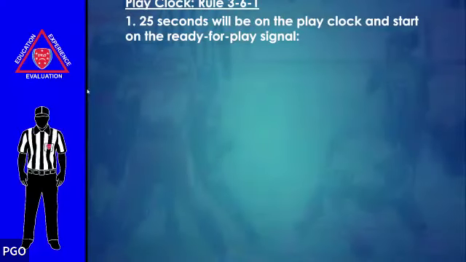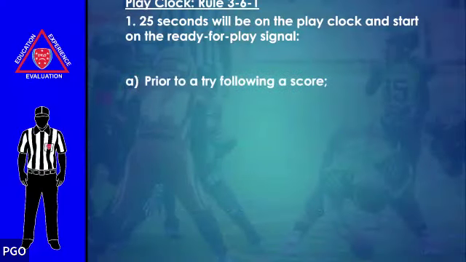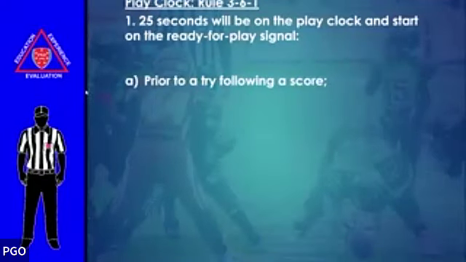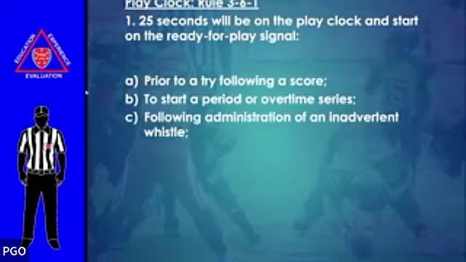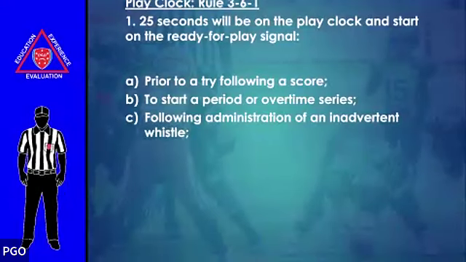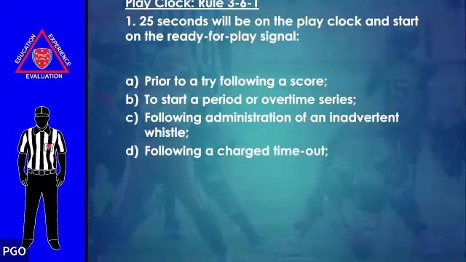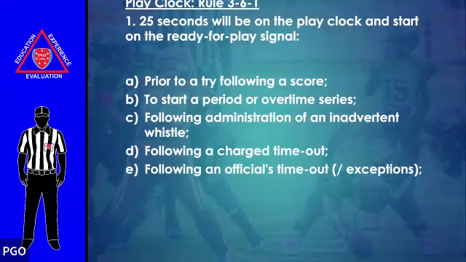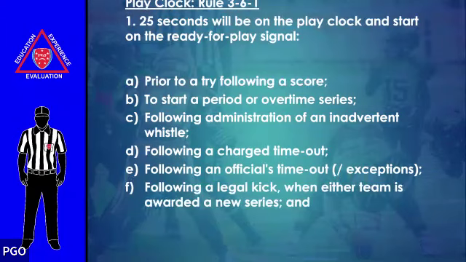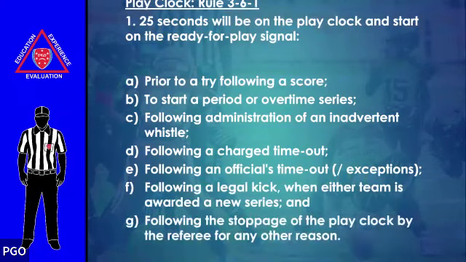So here are a couple of reasons why we have a 25-second play clock: prior to a try following a score, to start a period or overtime series, following administration of an inverted whistle, following a charged timeout, following an official timeout with some exceptions, which we'll cover in a minute, following a legal kick, when either team is awarded a new series, and following a stoppage of the play clock by the referee for any other reason.